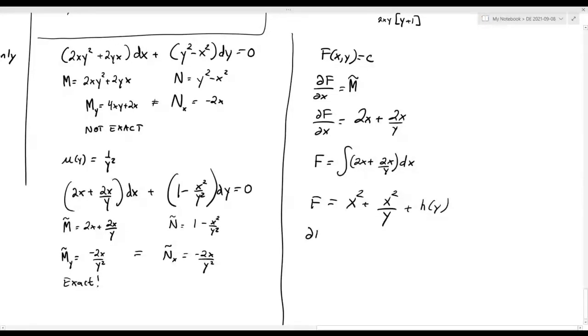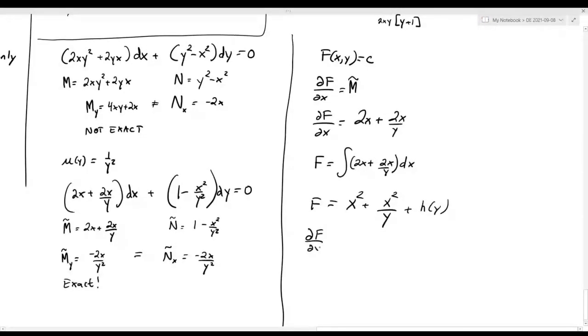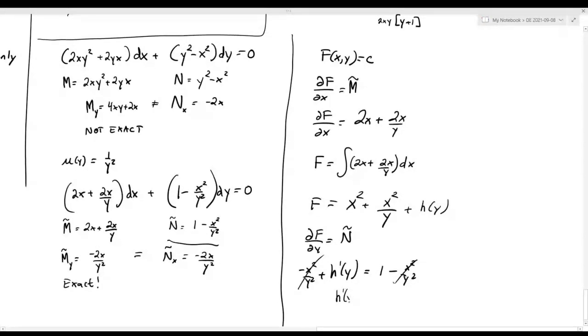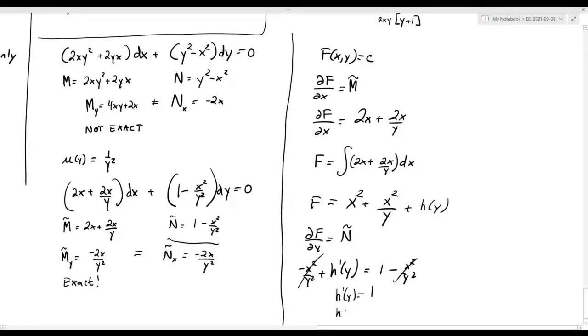Now we're going to take advantage of the fact that the derivative of F with respect to y should be N tilde. So let's differentiate big F with respect to y, and we get, setting it equal to N tilde, a nice cancellation, and we see that h prime is 1, so h must be y up to a constant.